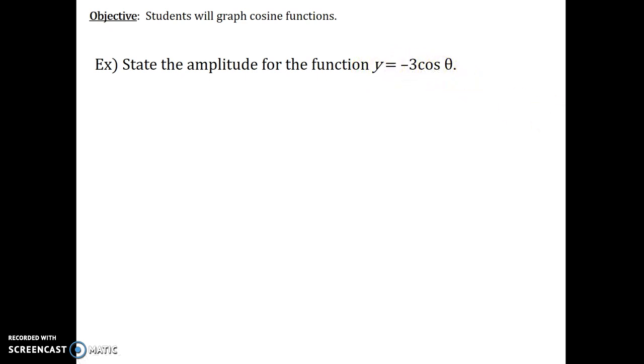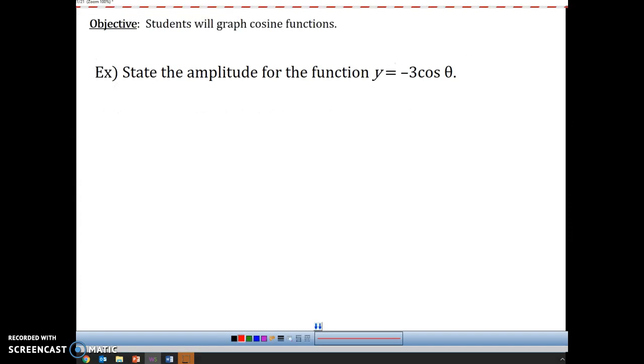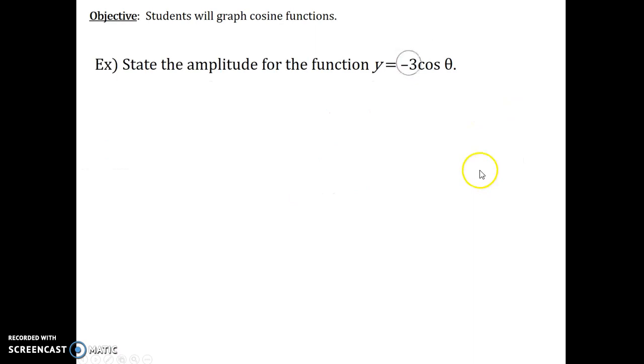Well, again, your amplitude is the a value. So if you have a function y equals a cosine theta, your a value in this case is -3. And remember, amplitude is always positive, so you take the absolute value of that, which is 3. So the amplitude for this function is 3.